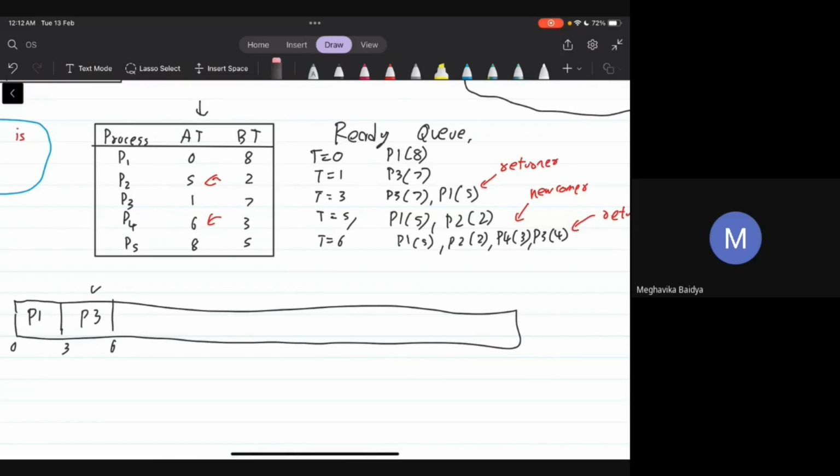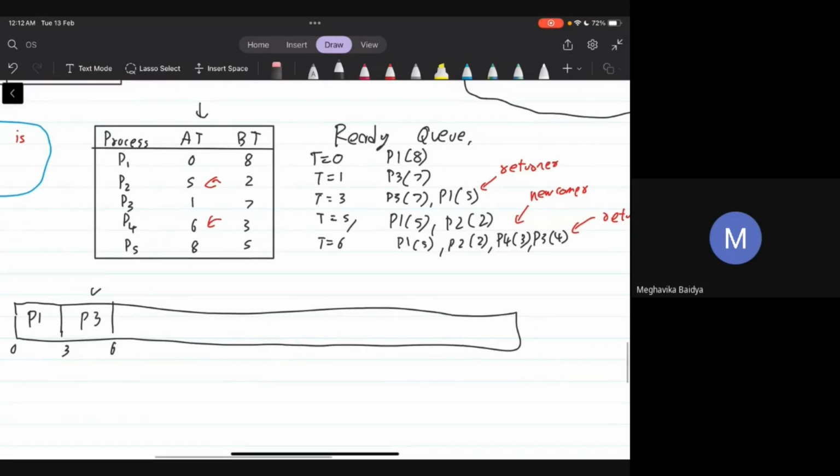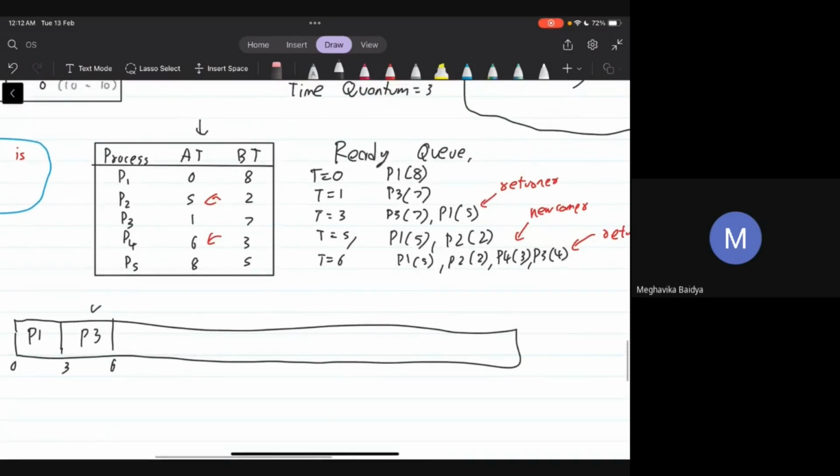So let's see. At t equals 0, P1 came, so it executed for 3 seconds. At t equals 1, P3 came. But we are not going to interrupt the CPU because this is round robin, and the time quantum is more important than interrupting the CPU here. So P3 is executed at t equals 3.